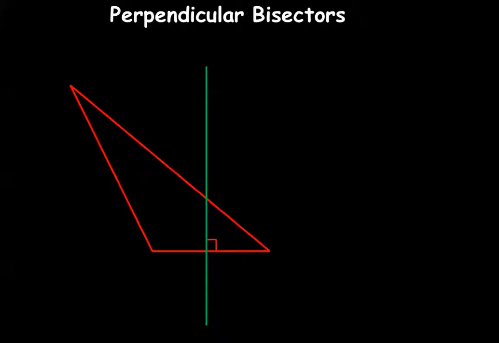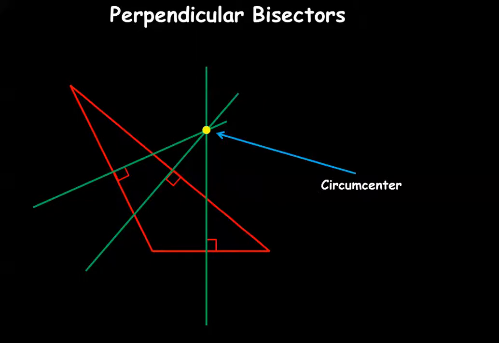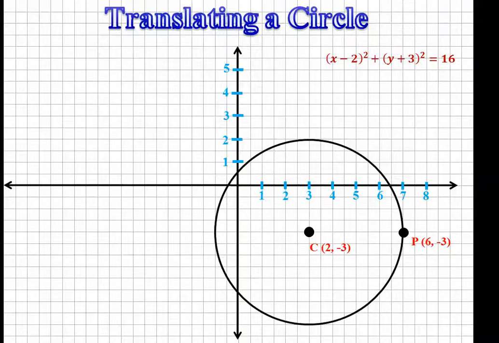And the bisectors are just segments. So there's the first one, there's the second one, and there's the third one. Now the point where they all intersect is called the circumcenter. And what is special about the circumcenter is it is also the center of a circle. So that's going to help us out in solving some problems.